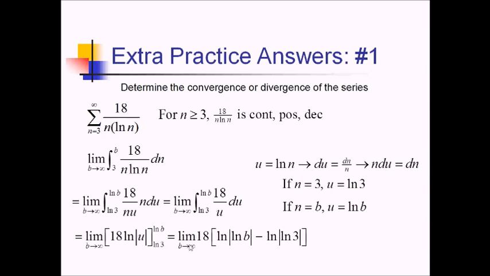As b approaches infinity, this first term is going to go to infinity, so that is going to diverge our whole integral. Since this integral diverges, and we've shown that we have these conditions up here, continuous, positive, decreasing, we've shown that this original series also diverges by the integral test.